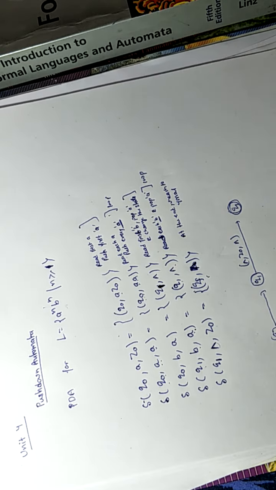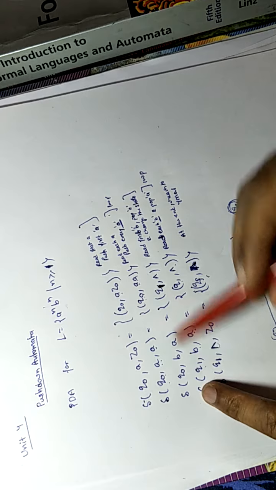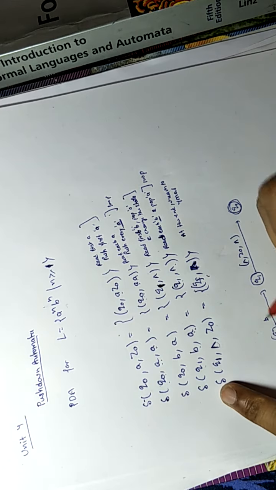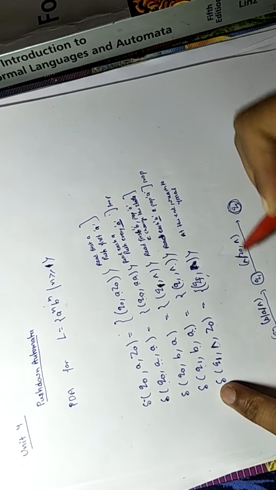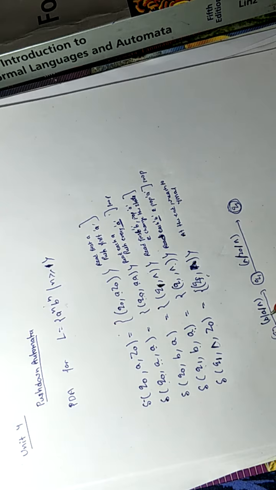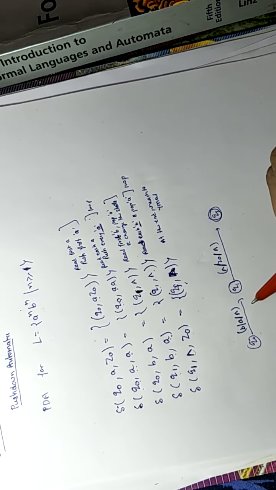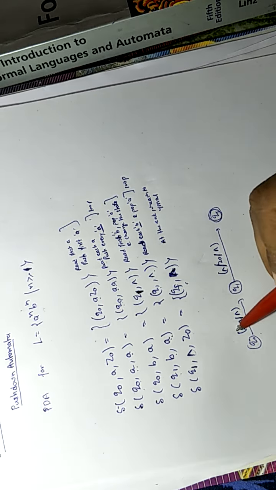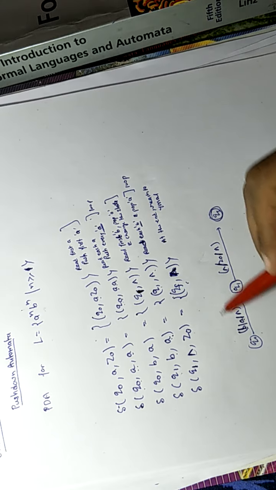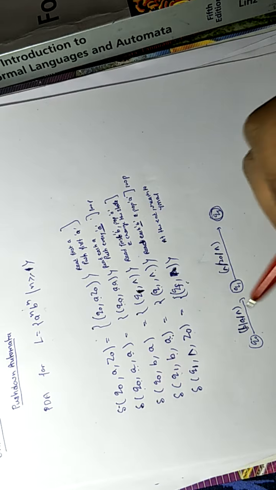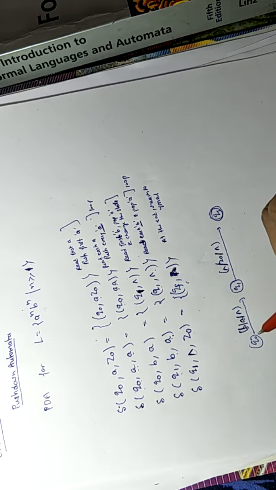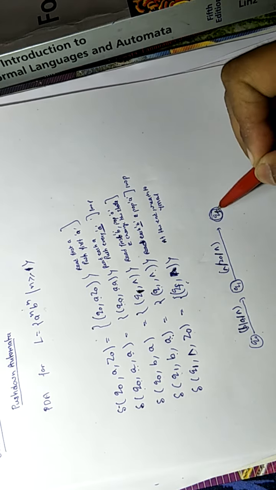So from q0 to q1 we will get minimum 1 b at input, 1 a at stack, and we are popping it. So this transition ensures that we read a minimum of 1 b, for which there is a minimum of 1 a on the stack. So there is 1 a and 1 b in the input, otherwise we will never reach the final state.